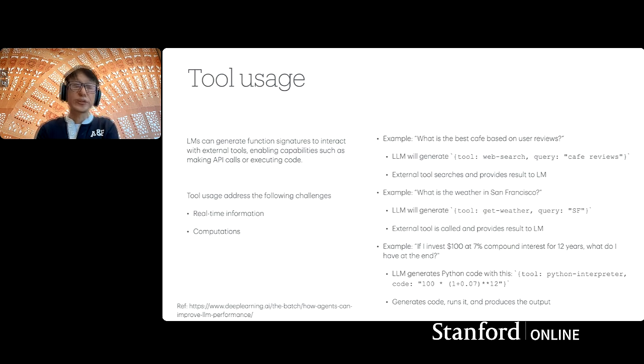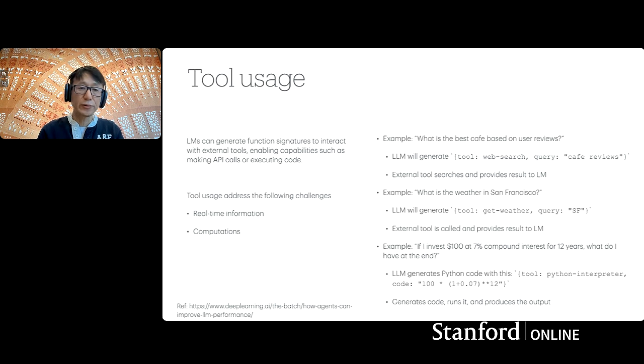All right, tool usage. The language model, in its most widely used form, is text in and text out, which means that it could answer many types of queries. However, it's not going to execute or extract information from the external world.